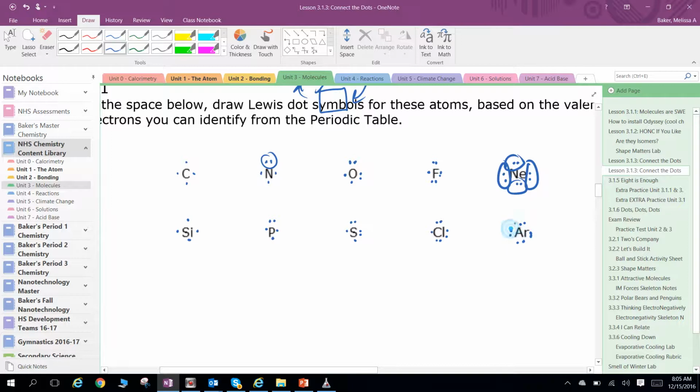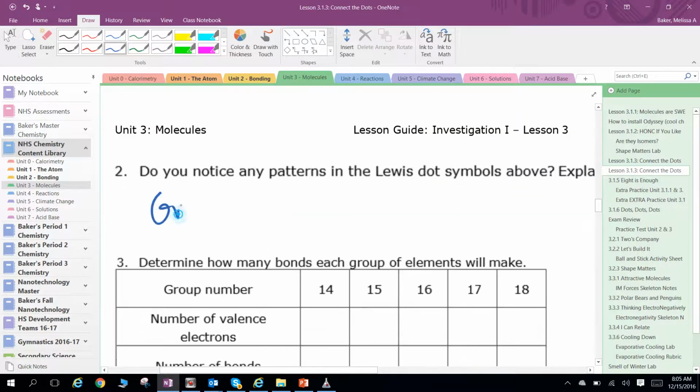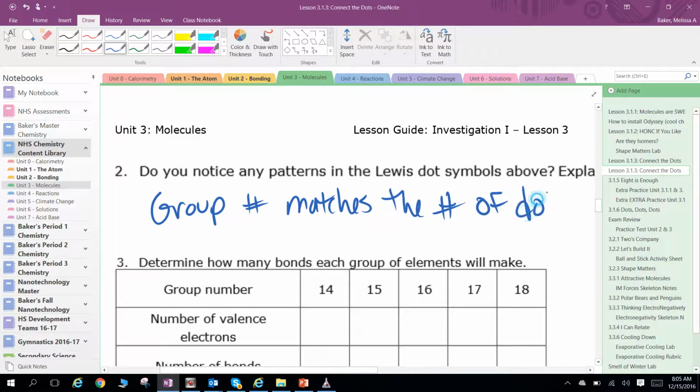Then it asks you to notice any patterns. Well, we just talked about this. The group number matches the number of dots, which are the valence electrons.